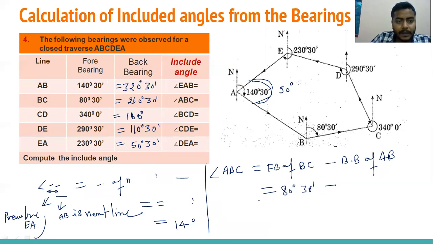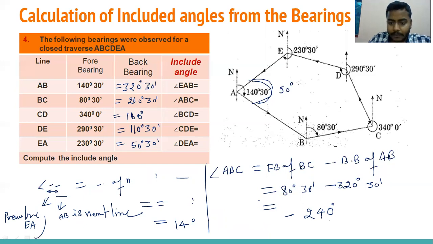The back bearing of line AB is this 320 degrees 30 minutes. What we will get? We can get here 80 degrees, so this will be minus 240 degrees.